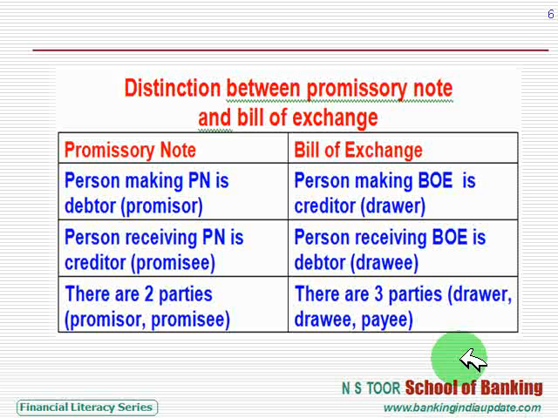Now, distinction between promissory note and bill of exchange. So here we are placing promissory note, here we are noting the features of bill of exchange. Person making promissory note is called promisor. He is a debtor.